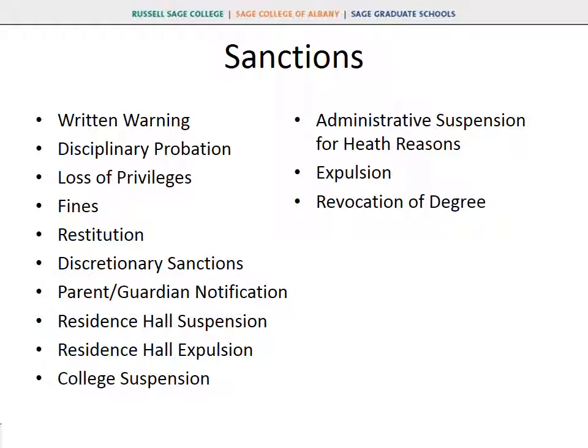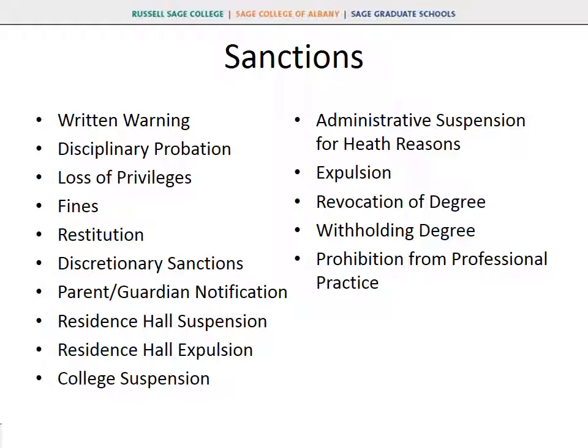Revocation of degree. The Sage Colleges may revoke an issued degree due to fraud, misrepresentation, or other violation of Sage College standards in obtaining the degree, or for other serious violations committed by a student prior to graduation. Withholding of degree. Sage may withhold awarding a degree otherwise earned until the completion of the process set forth in the Student Conduct Code, including the completion of all sanctions imposed, if any.